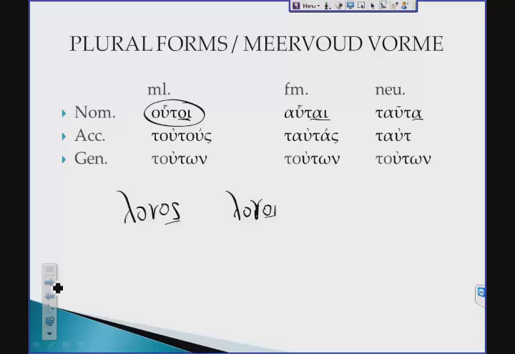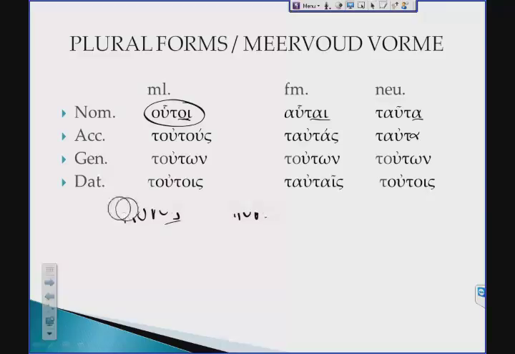I think the accusative, it's missing something there. Just make sure of that. Tauta, tauten, toutou, touton, and then the genitive, and the accusative. I'm expecting you to learn all those. Please know them by heart. Store them in your God-given hard drive. It must be there. Okay?